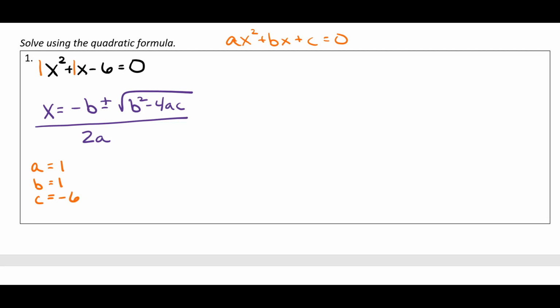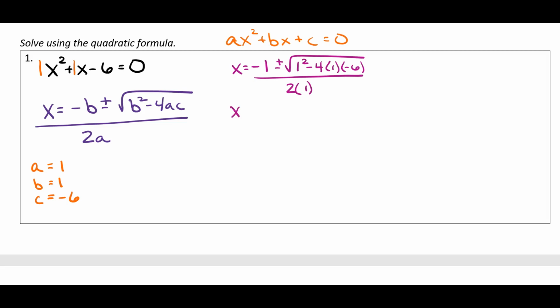So this would be negative 6. Okay, so now we're going to fill in our formula. So we're going to have x equals negative b, so negative 1 plus or minus the square root of 1 squared minus 4, a is also 1, c is negative 6, all over 2 times 1.